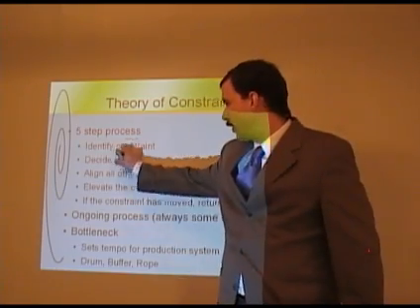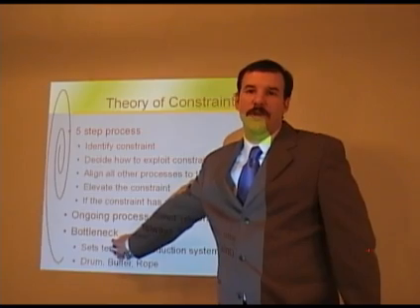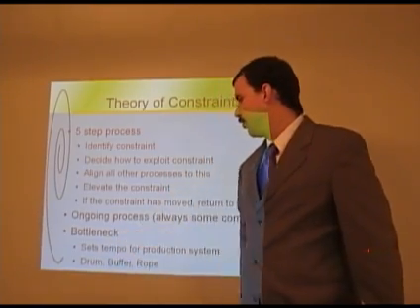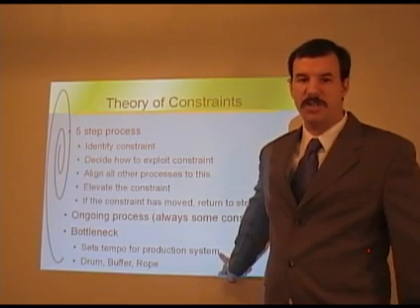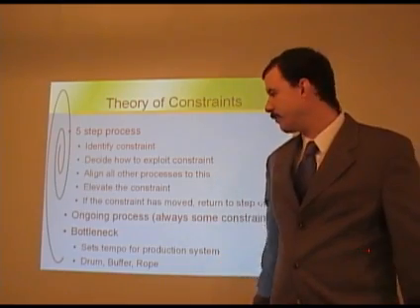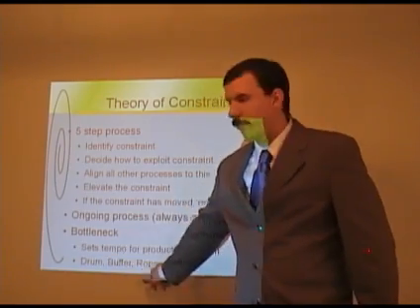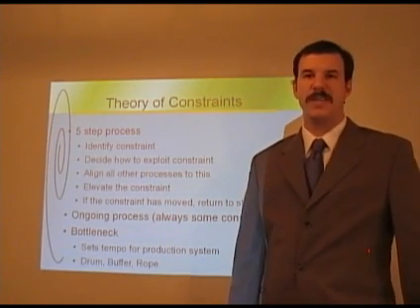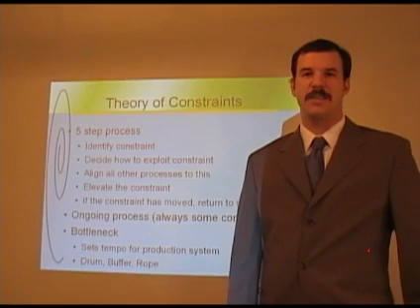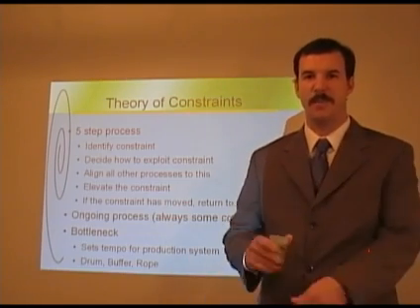So in other words here, the constraint, the bottleneck, would usually be considered the constraint. The bottleneck sets the tempo for production, and we use the phrase drum buffer rope. So that means the bottleneck is the drum, because it sets the tempo.